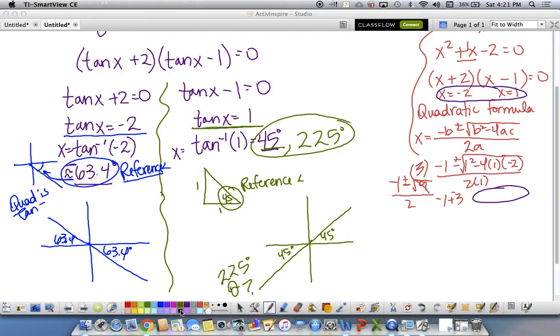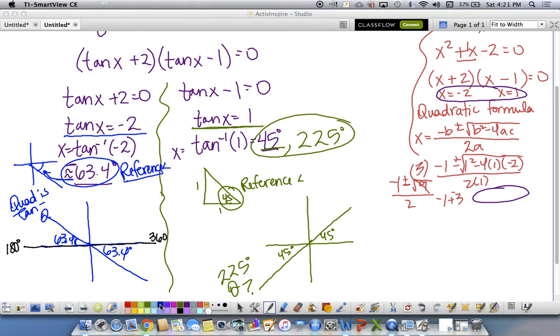Okay, we are always looking to our x-axis. What is this degree right here? All the way over here is 180 degrees. And all the way over here is 360 degrees. Those two numbers matter. Okay? That's what we're going to use. So to have a reference angle of 63.4 degrees, what is this theta here?